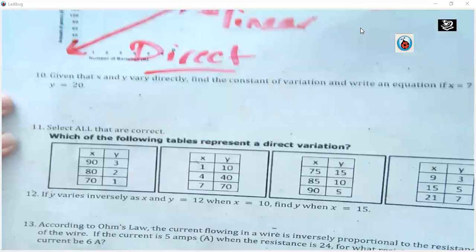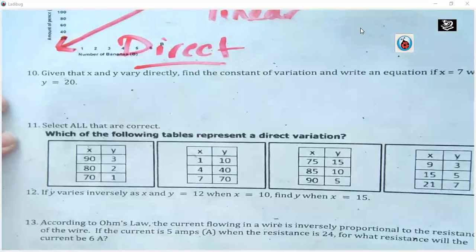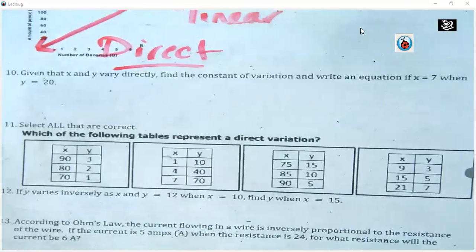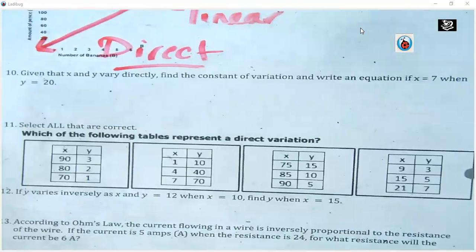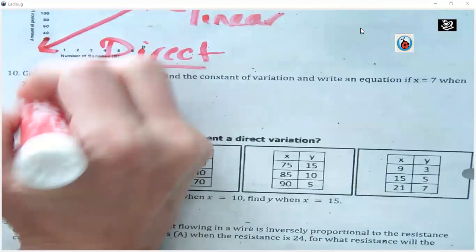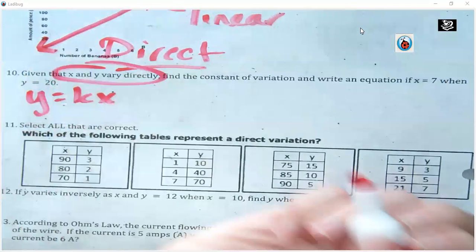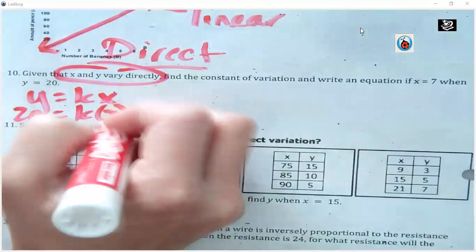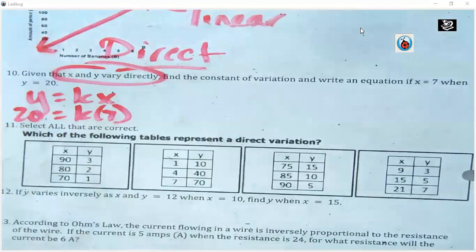Given that x and y vary directly, find the constant of variation and write the equation if x equals 7 when y equals 20. So it varies directly, y equals kx. Y is 20, x is 7. What would I need to do next? Divide by 7 on both sides.